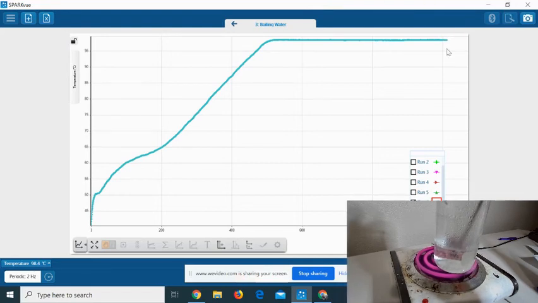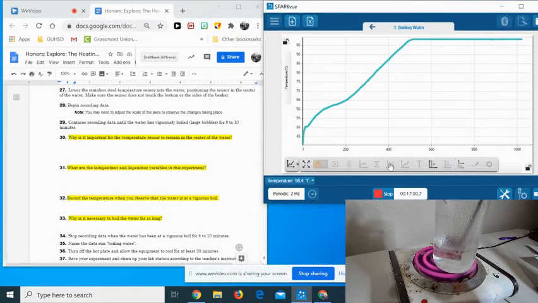So while that's going, I'm going to hit stop on that recording because I think we have enough data. And then the next thing I'm going to do is take a screenshot of that data. So I am going to check back in with you in just a second.